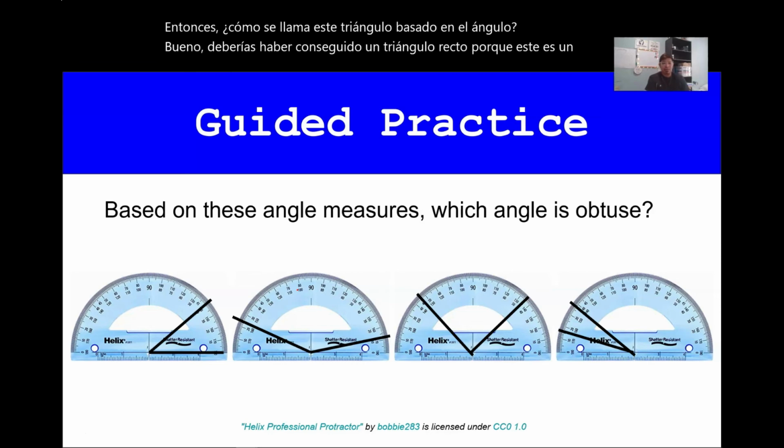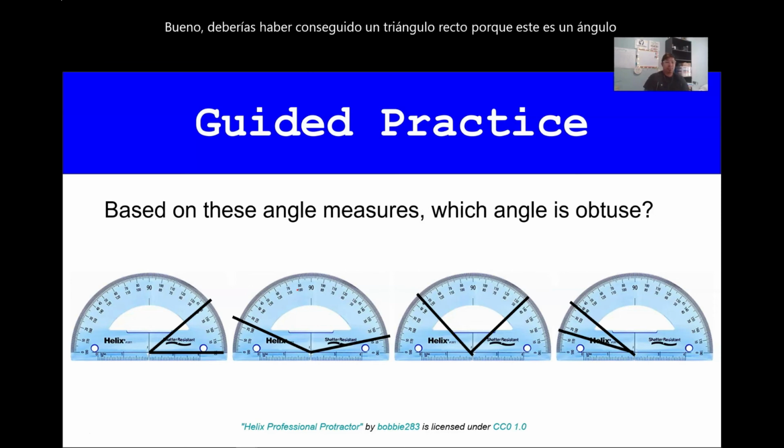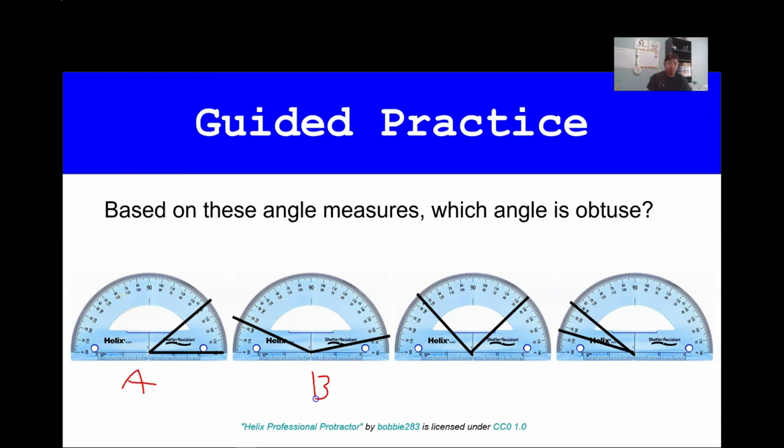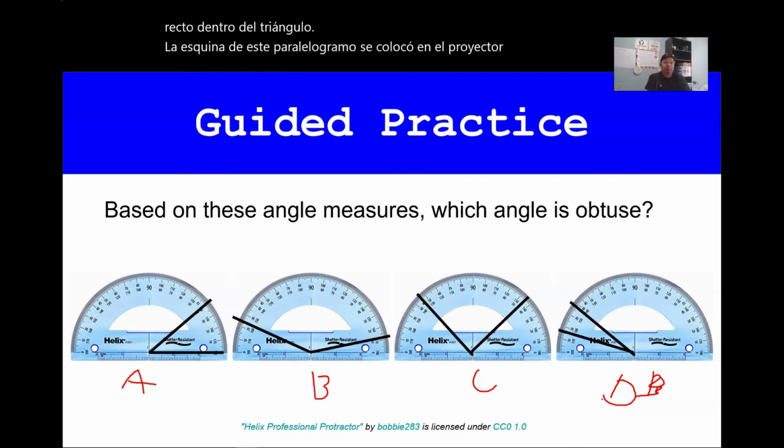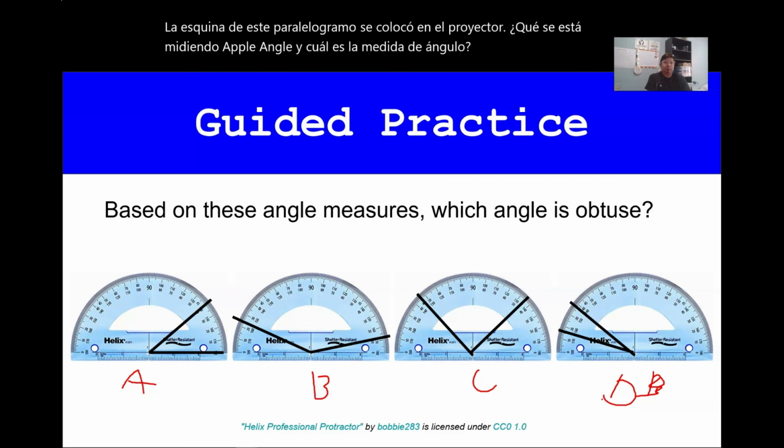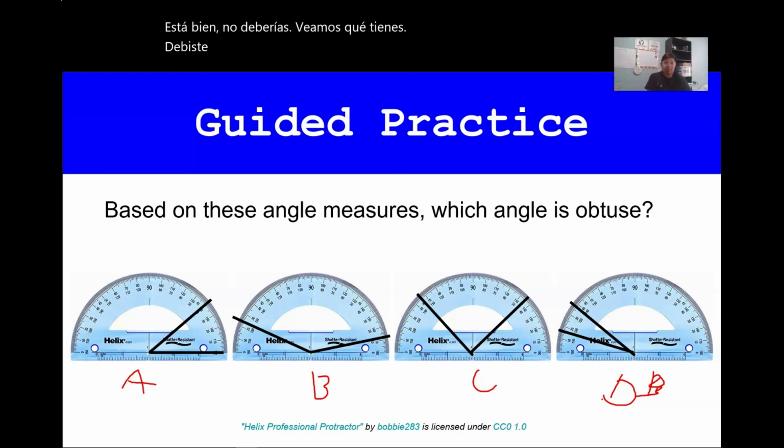Based on these angle measures, which angle is obtuse? A, B, C, or D? Let's see what you should have gotten.